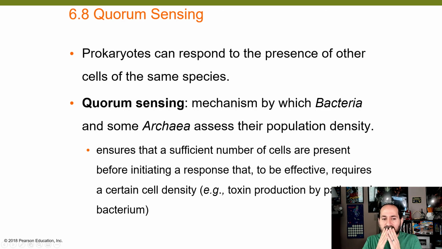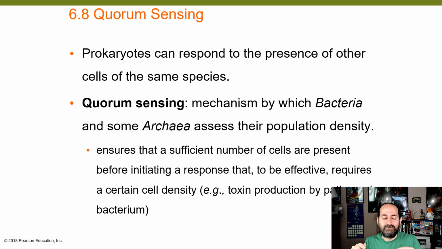Long ago, it was just assumed that microorganisms cannot communicate with one another. Does that make sense? A bacterium doesn't have eyes, it doesn't have ears, it doesn't have a nose. So it was assumed that bacteria cannot communicate with other bacteria, but that was an incorrect assumption. It's been shown that bacteria can actually communicate with one another.